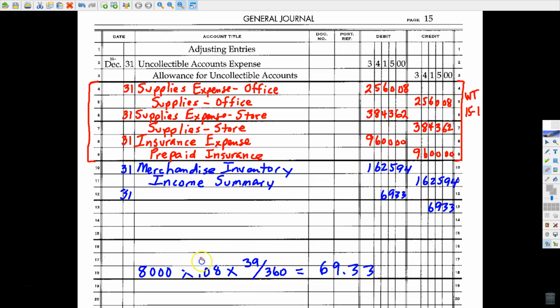So what do you think we would debit for interest that's not being paid now, but is due to us in the future? Accrued interest. That's a good guess. What would we debit if they bought merchandise on account?